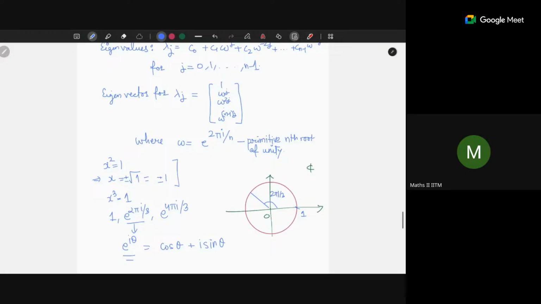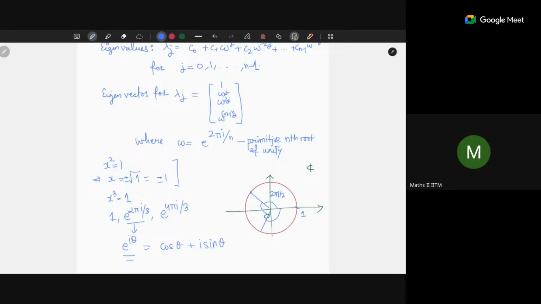In particular, this will be 120 degrees, and then you take one more 120 degrees, somewhere here. And then you will have this.